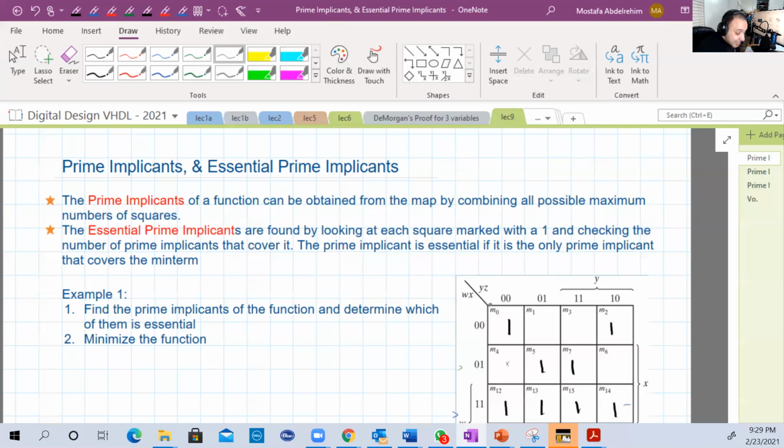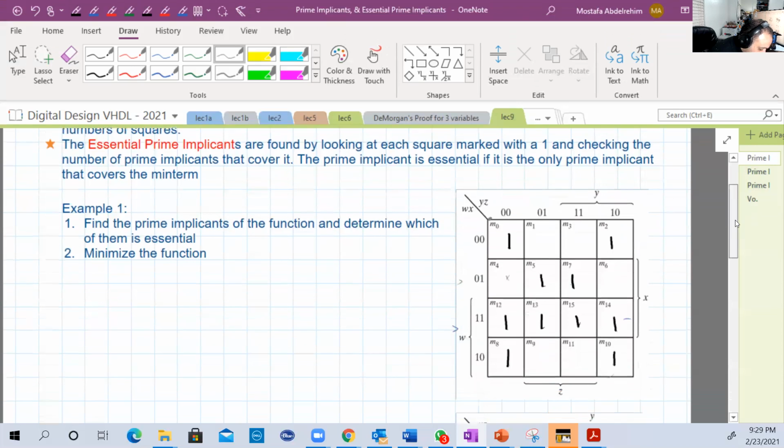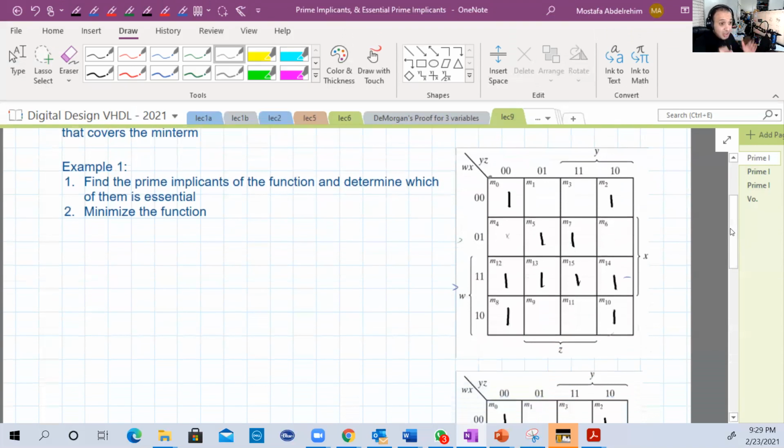So let's take an example, and the example will make everything clear for us. We're gonna take 6 examples because I know that this topic is a little bit confusing, so we master it together. For each example, we're gonna find the prime implicants, then the essential prime implicants, then minimize the function.